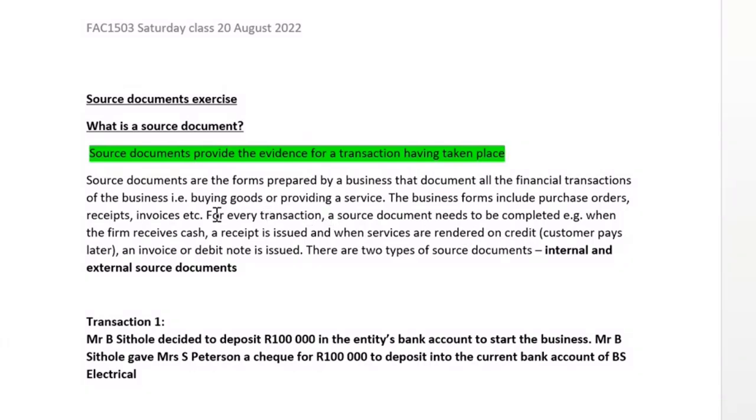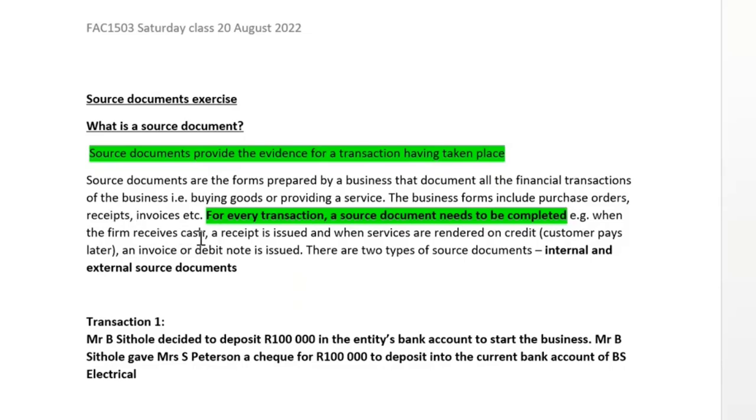I'm going to highlight that. For every transaction that happens in a business, a source document needs to be completed. Why must a source document be completed? Because there needs to be evidence that a transaction has taken place in a business.